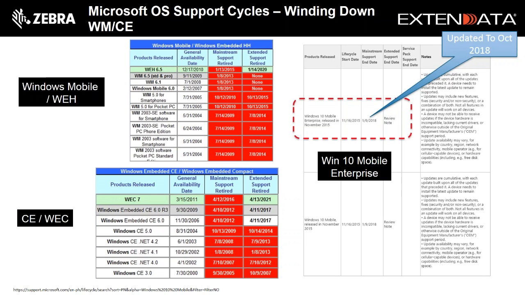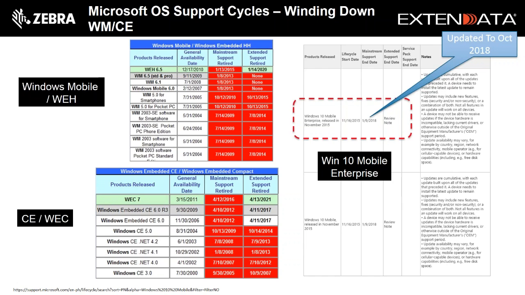Customers are concerned that it's tough to put out an operating system with that window, and as you can see, my little tag has been updated now to October 2018, but still that's not enough of a support window to make enterprise customers very comfortable. So that's still an issue in the Microsoft path. We'll see, hopefully Microsoft will do some kind of an update and give us an extension on that, but right now, to be perfectly honest, it's kind of a non-starter.